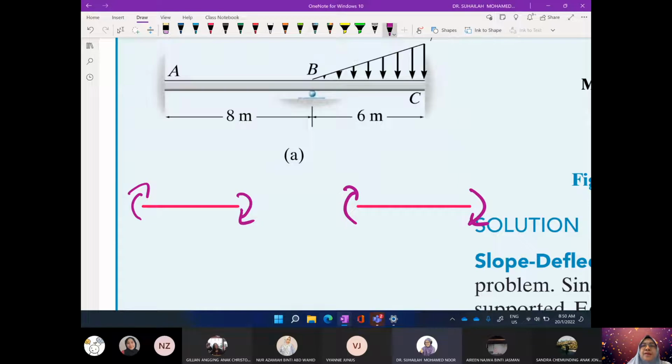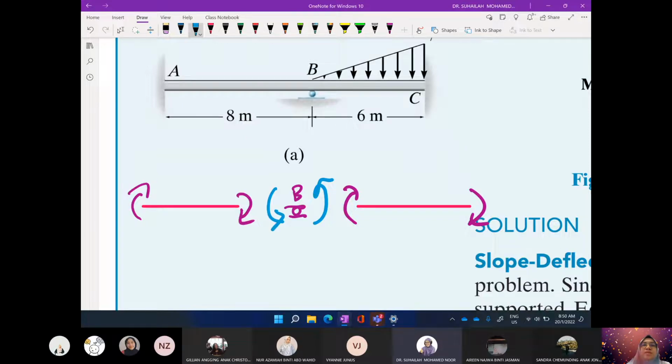But we need to know that the joint moment which is located at B. So this is joint B. The joint moment is actually opposite with this.